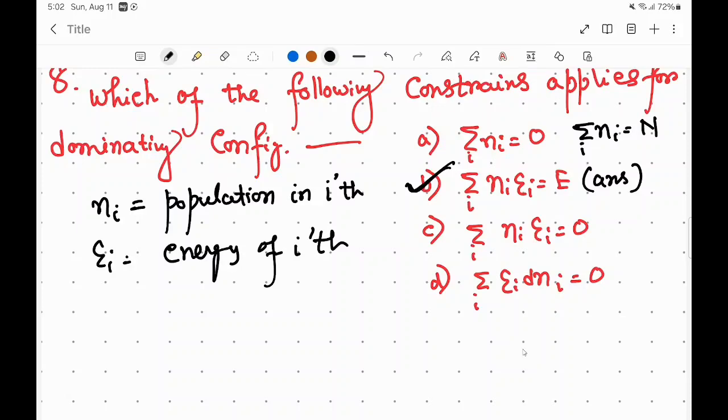Probably there must be some malfunction there. Here it is given as epsilon i, this should not be. I was thinking the same; this has justification when the heat is zero, then it will be zero. But this is in general.